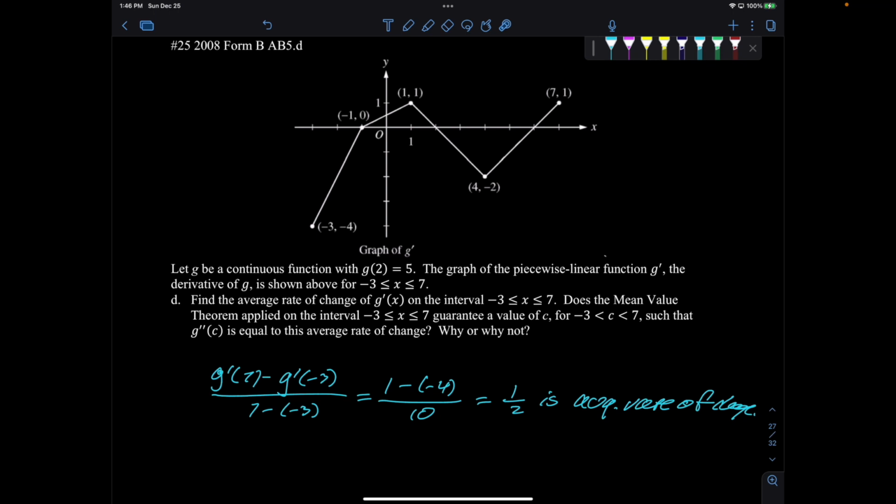And actually, does it happen? It does happen, but that does not matter.